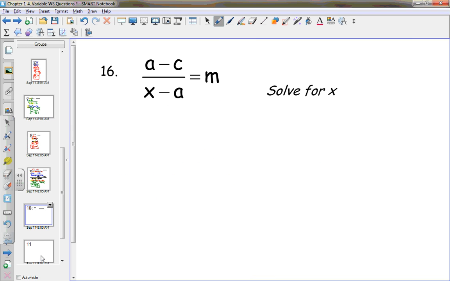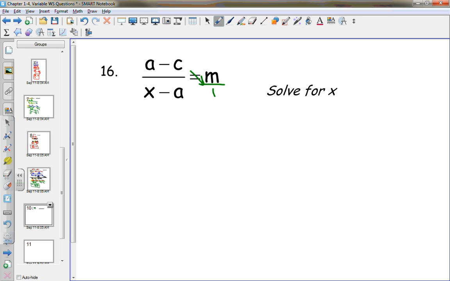Okay. Last one right here. What is an easy way to do this problem? We discussed it already. Why put the m over 1? Because when you have a fraction equal to a fraction, what do you do? Cross multiply, ever, always, and forever.